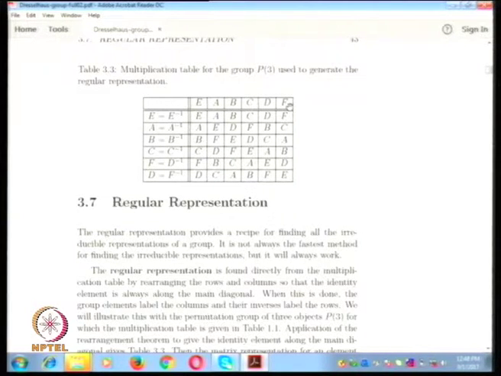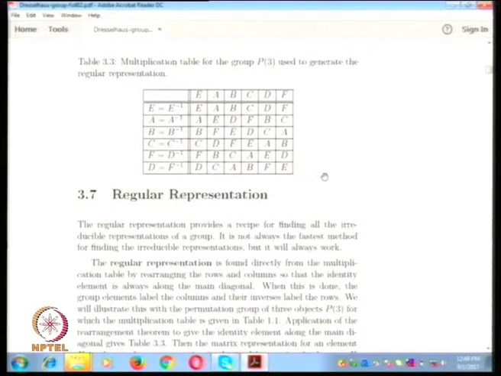These are one conjugacy class, these are another conjugacy class, and E is a conjugacy class by itself. So they have rearranged the multiplication table so that E is along the diagonal.